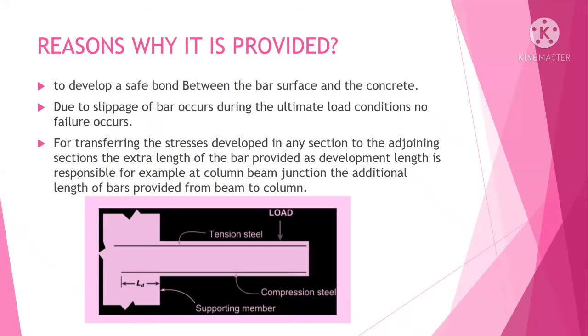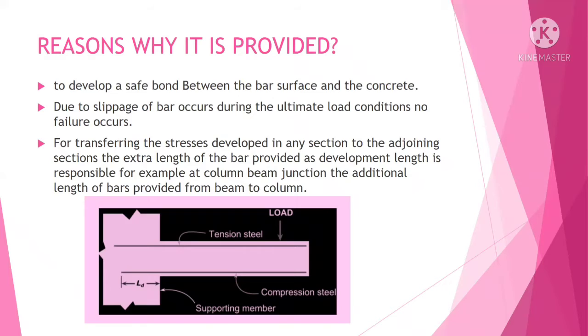When we anchor that amount of development length in the junction, it will ensure that there is a safe bond between your bar and the concrete. The second reason is slippage of bar.